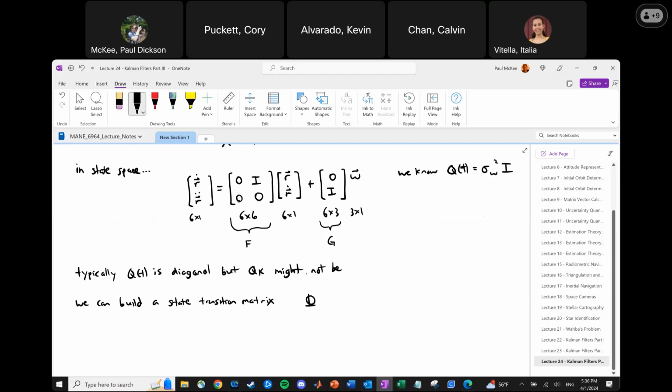So phi from tk minus 1 to tk is actually the same state transition matrix that we've seen before. So it's going to be the identity matrix, delta t times the identity matrix, 0, and the identity matrix again. And if you want to, you can start with this F and go through and convince yourself that this is the case, where delta t is tk minus tk minus 1.